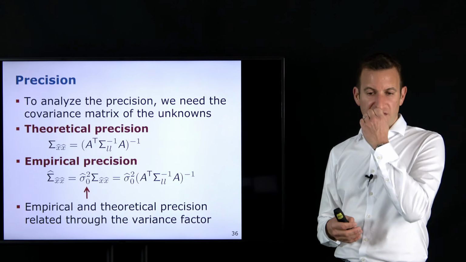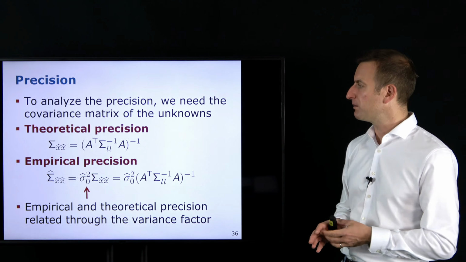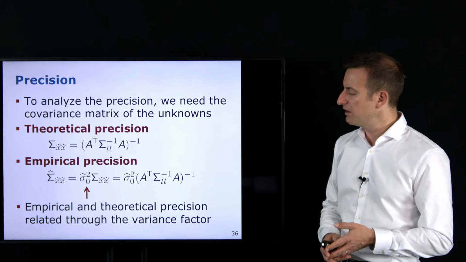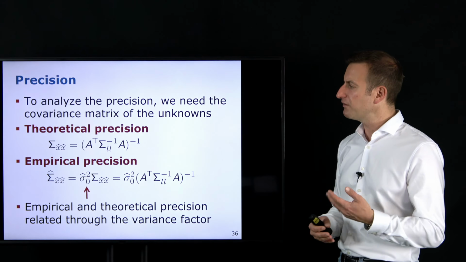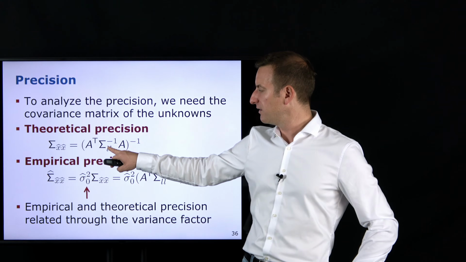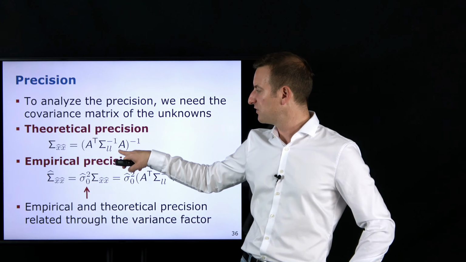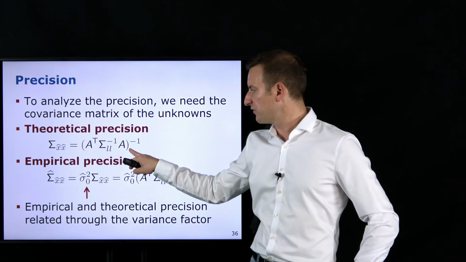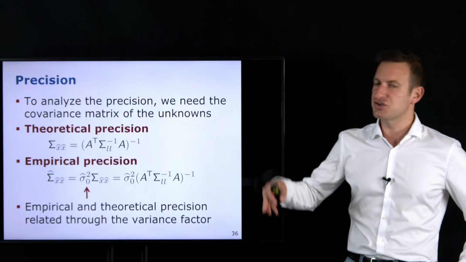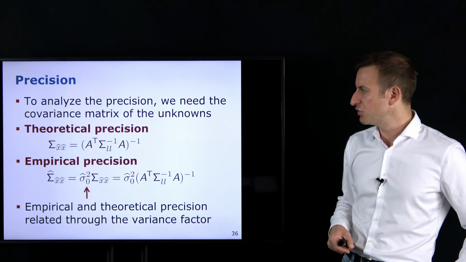We have two quantities in here, the theoretical precision and the empirical precision. They are computed from the matrix of the normal equation system. So A transpose, the covariance or information matrix of my observations, A, and if I invert this term, so this is N inverse, this gives me the theoretical precision after I converge to my solution.